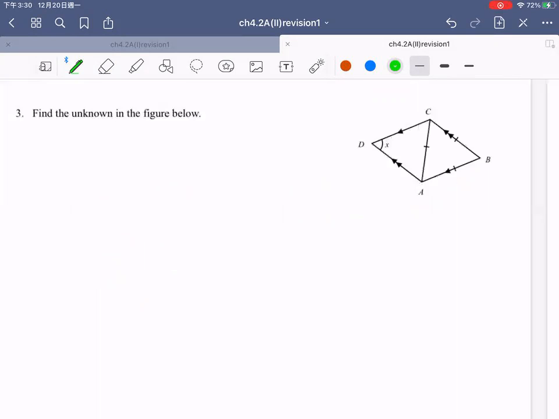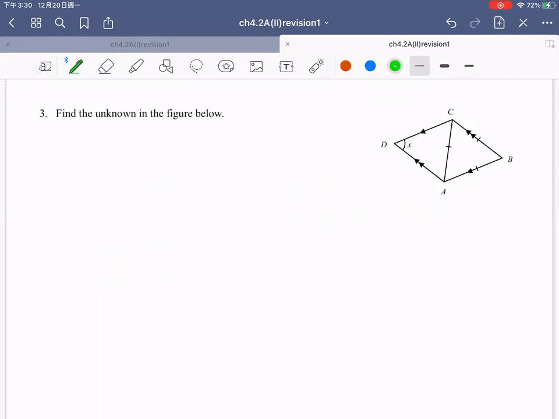The third question. Again, we have the equilateral triangle here. Right. So for this question, we have the information given, parallel lines and equilateral triangle, and what we want to find is this x, right?